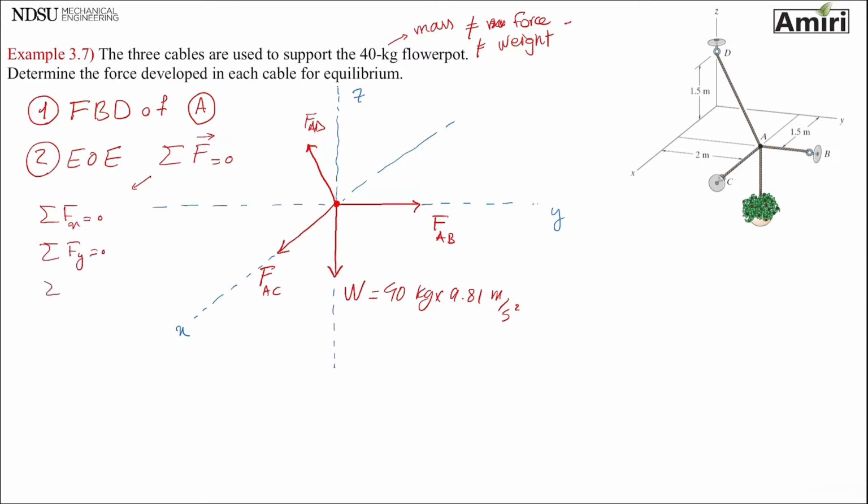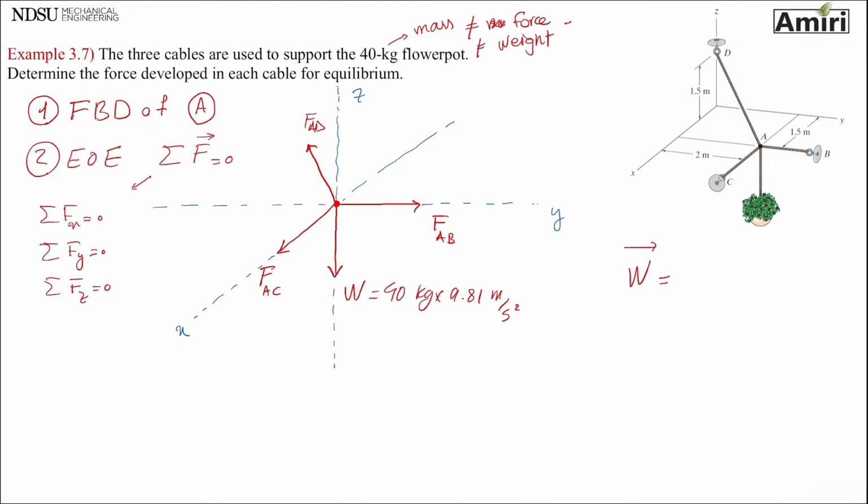So I have to find components of each of these forces and add all the i's together, add all the j's together, and add all the k's together. So let's see. W, how can I say W in IJK format?